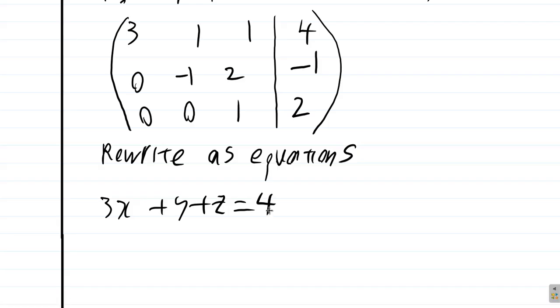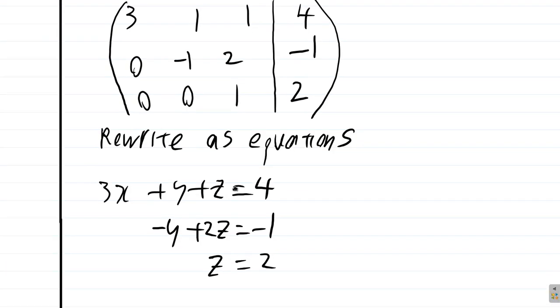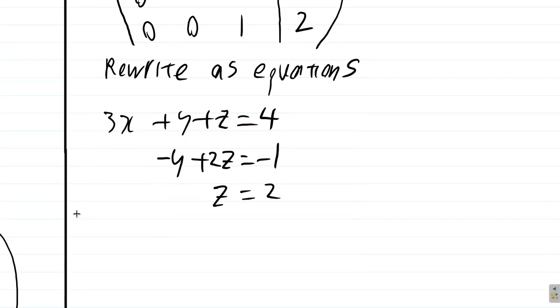Row 2 represents negative y plus 2z equals negative 1, and row 3 represents z equals 2. So here we automatically see that z is 2, right? Let's write it here, z equals 2.